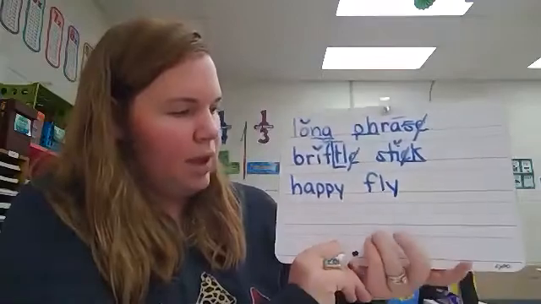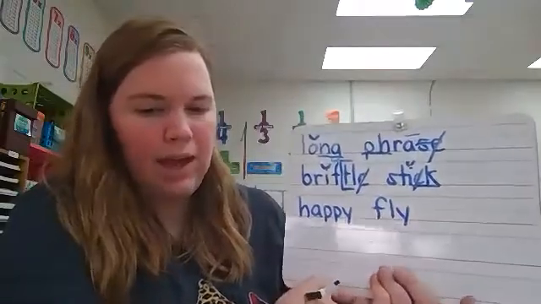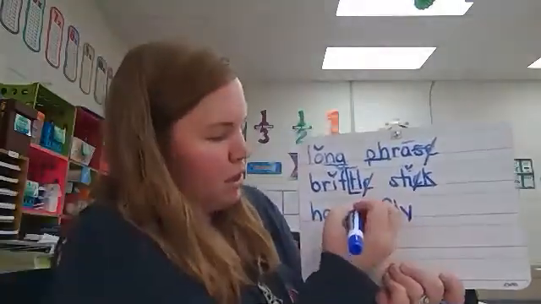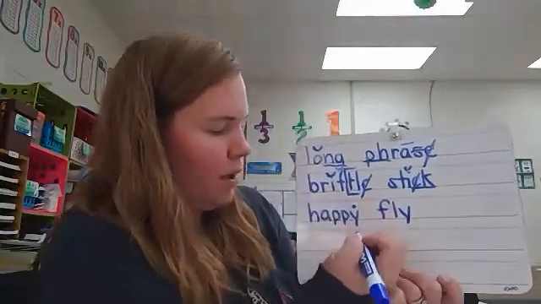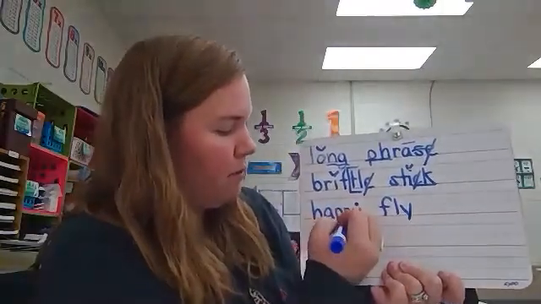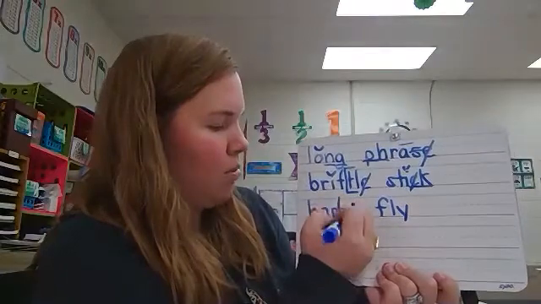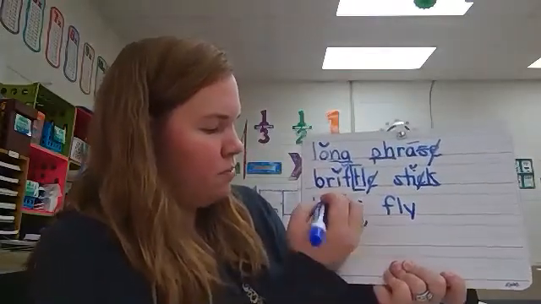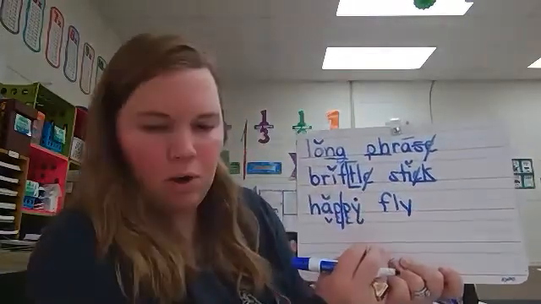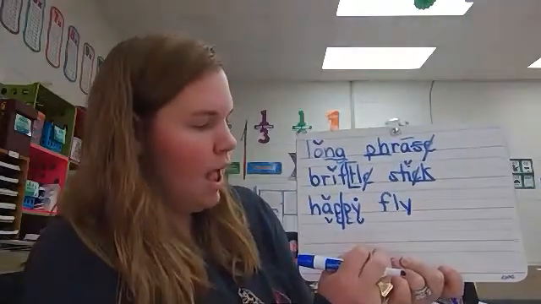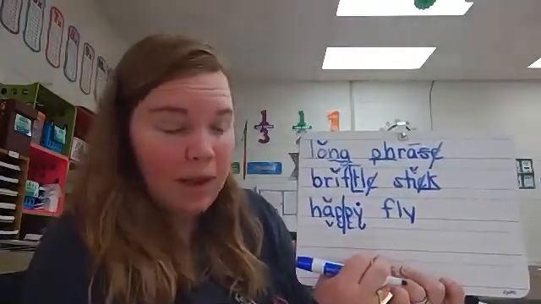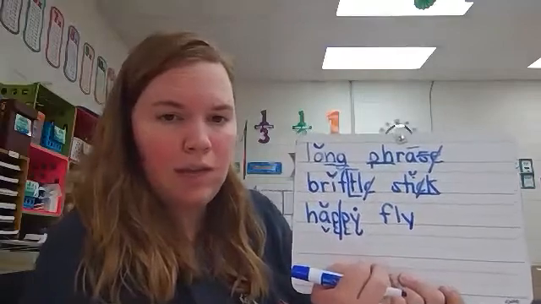And lastly, we have happy fly. So happy uses Y as a vowel sound. This is part of a vowel, consonant, consonant, vowel pattern. The A is short, so we put a breve. Happy. The Y is making the E sound, so no other coding is needed.